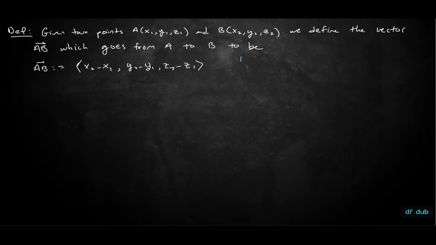So the tail of AB put at A will result in the tip ending at B. So that's how you define a vector between 2 points in 3-dimensional space, or even 2-dimensional space.